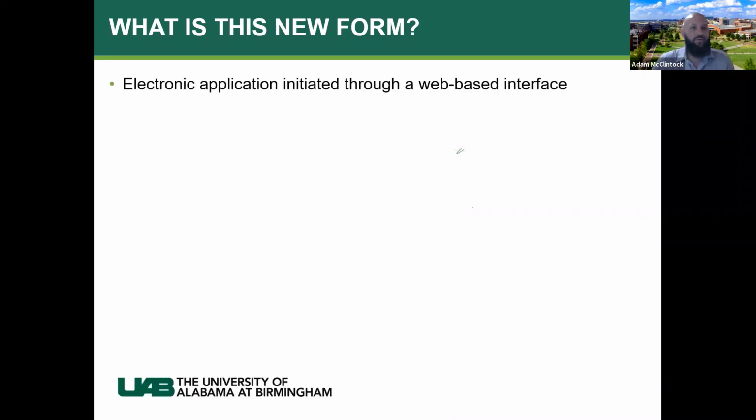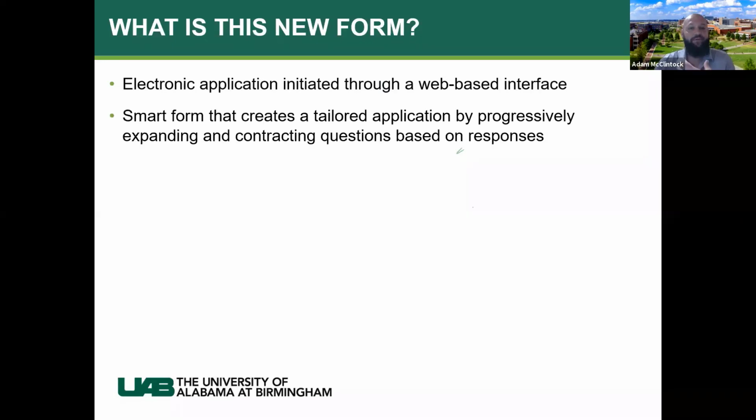So what is the form? It's an electronic application that's web-based. You access it through an interface through IRAP. And it's really much more dynamic than what you get out of a Word document. So it's a smart form that creates a tailored application that is really unique to your specific submission.